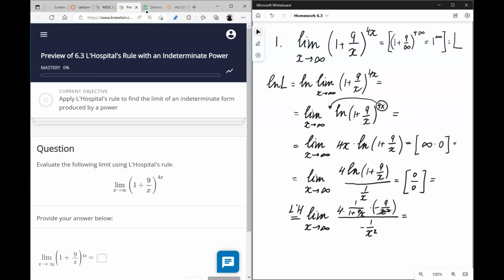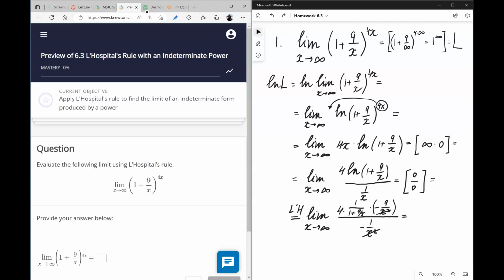Now x squared is out, minus is out, and there is no minus here, this is plus. The derivative of 1 plus 9 over x squared is, oh no, there is a minus there.